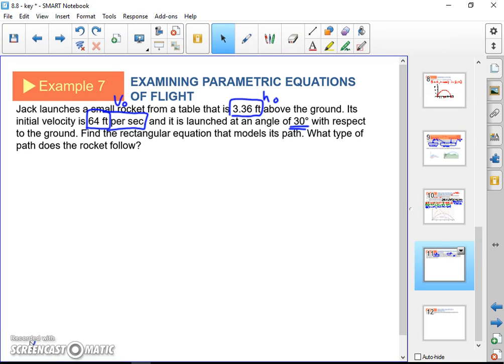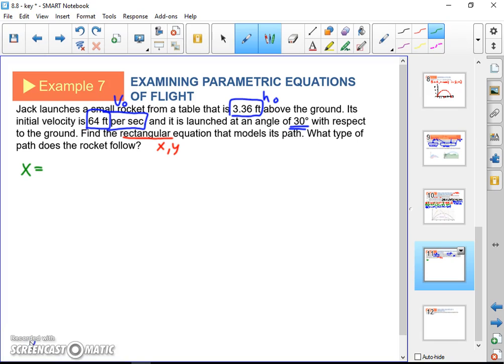When it says rectangular, we know that they're looking for x and y, right? What they've given us is information that's good for a parametric representation. What they want is the rectangular one. So parametric, we've got x as a function of t, and y as a function of t. Let's look at the x part.